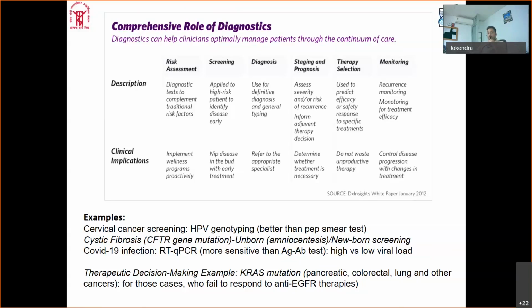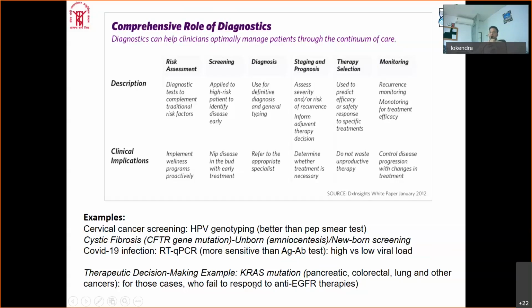So there are anti-EGFR therapies available. But in certain cases during the metastatic condition, if KRAS mutations occur, the anti-EGFR therapy doesn't work. In those cases, alternative therapies have to be decided. So that again helps to decide what kind of therapy.